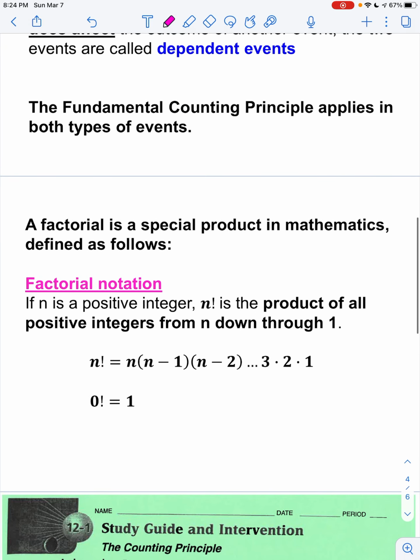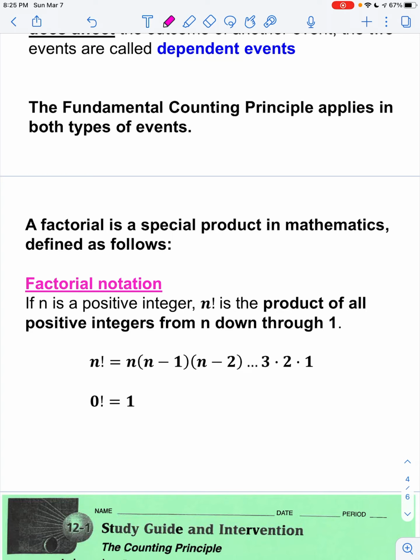Then factorials. A factorial in mathematics is a special product that I will show you how to find using your calculator in class. But it is the product of all positive integers starting at n down to 1.